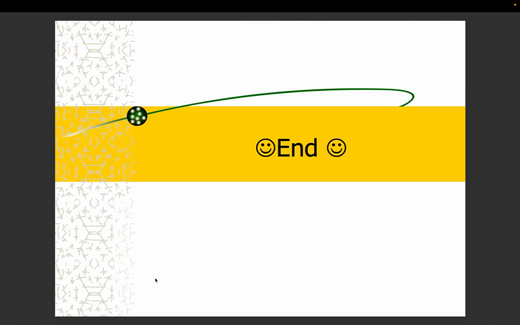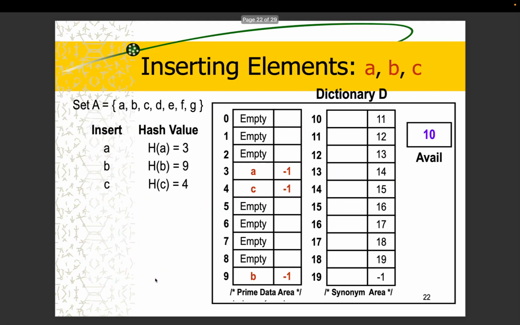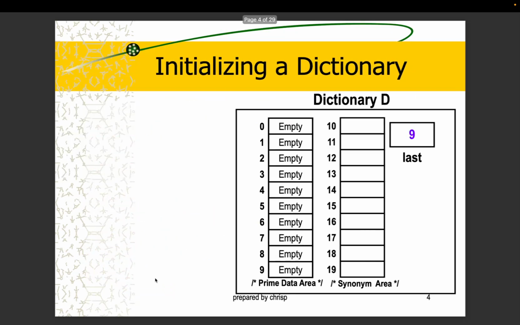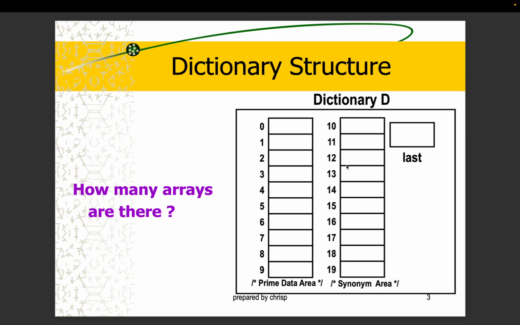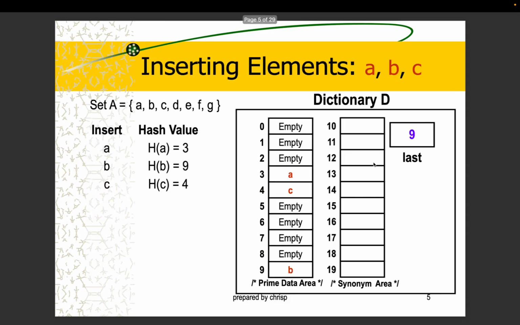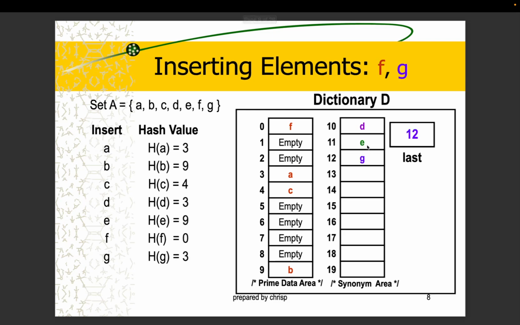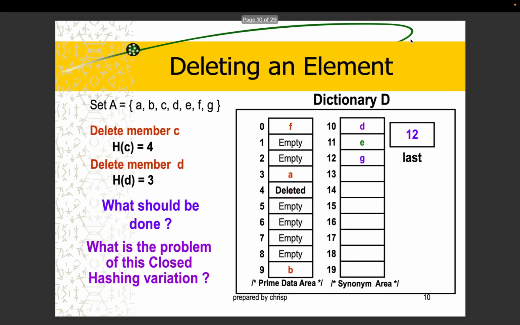But yeah, that's it. So to conclude, variation 1, to speedrun everything we discussed, if you want to skip to this part of the video, you can. I don't recommend it. Variation 1 is just set the synonym area to be separate. If there is a collision, insert into the last of the synonym area. The bad part of this is it's slow, because if you look for something, you need to go through the entire synonym area.